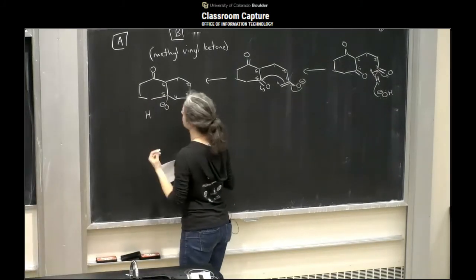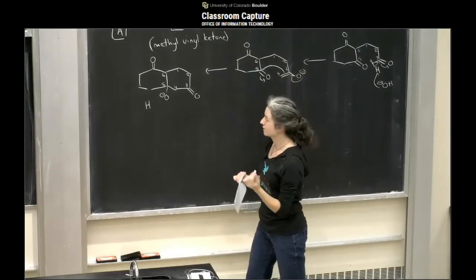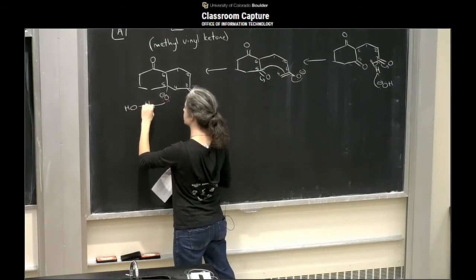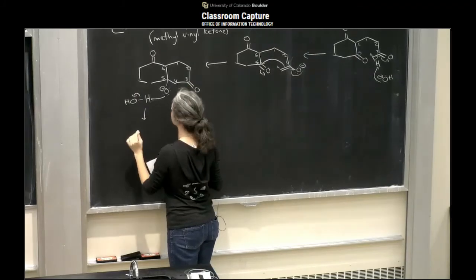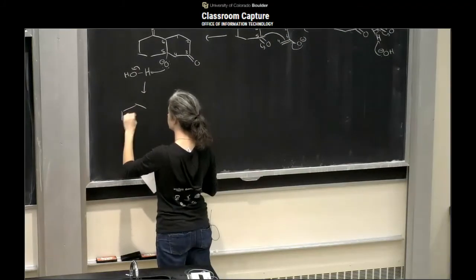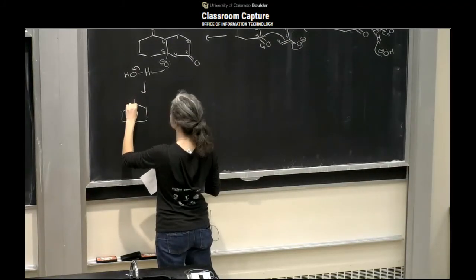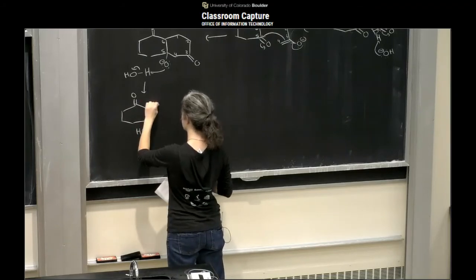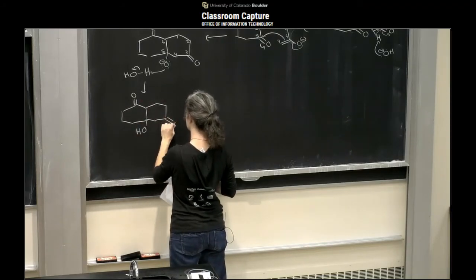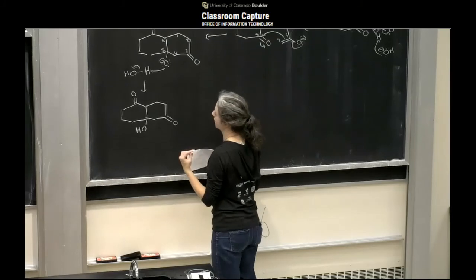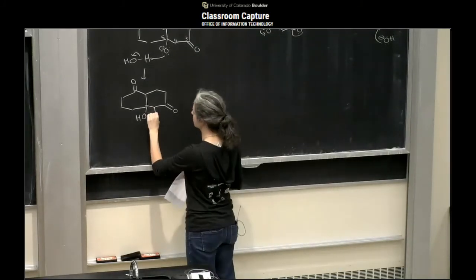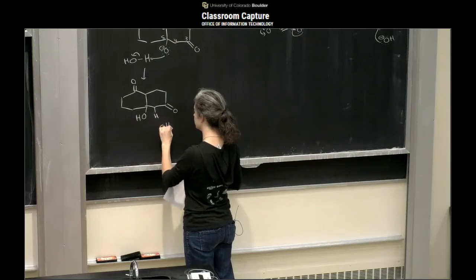And then from here, we're just going to finish up aldol condensation. So I've got to protonate that O minus first. So like that. And then if you remember, in base the aldol condensation step is that weird E1cB mechanism.